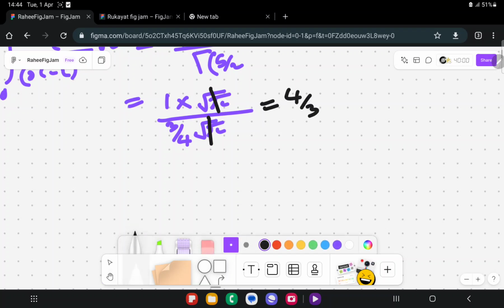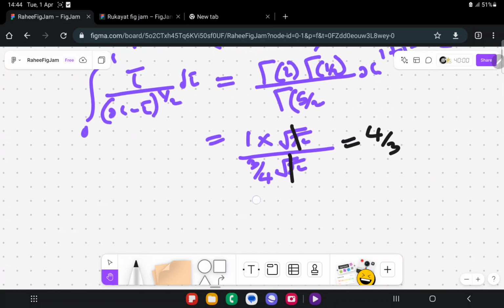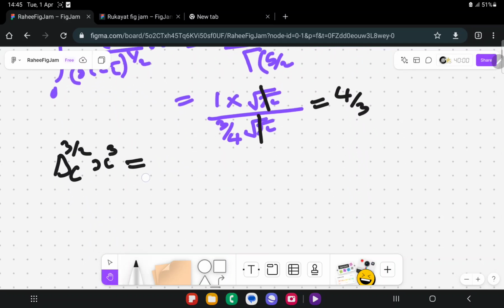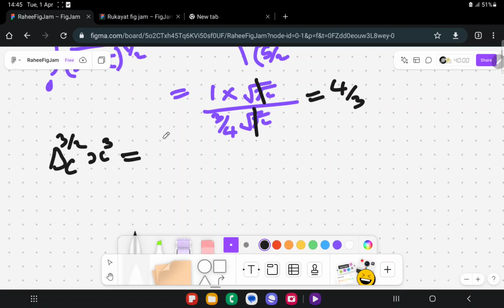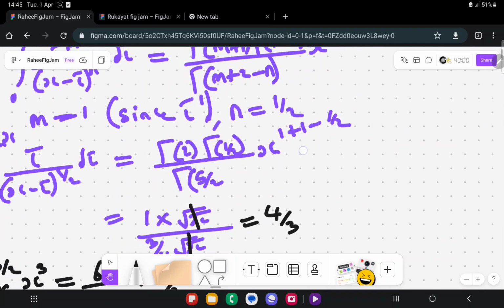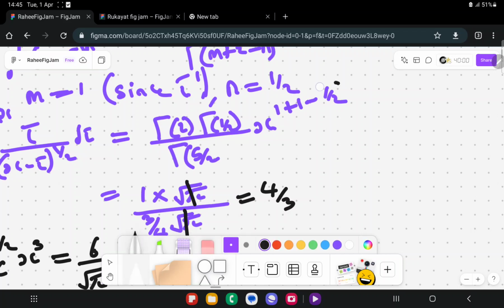Now let's take everything back into our original question. The Caputo fractional derivative of x raised to power 3 is now given to be 6 over the square root of pi, multiplied by 4 over 3, and then we have this right here.